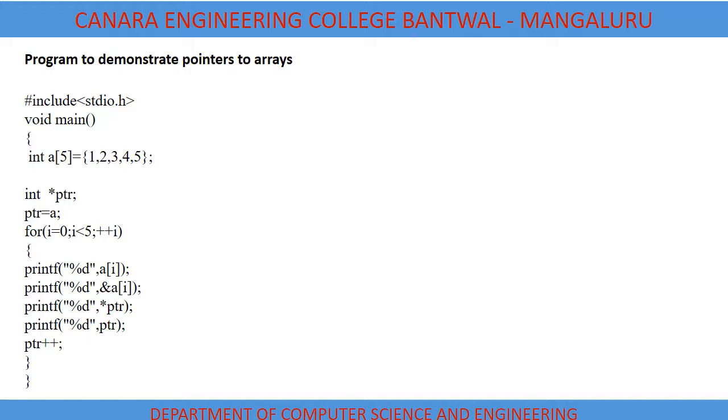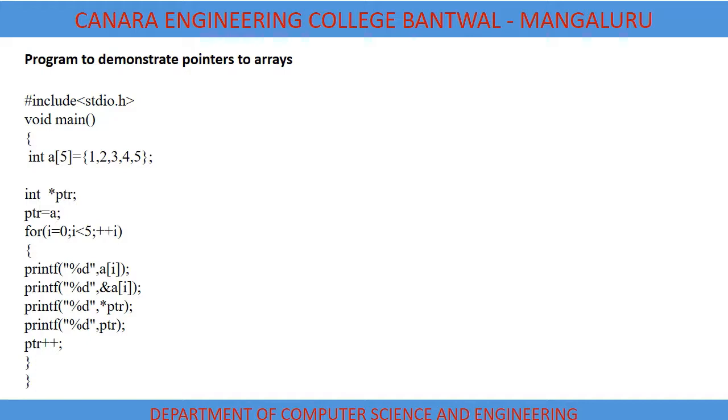And we are trying to print the array element. At the same time we are trying to print the array address, and we are printing the pointer, that is the content present there. At the same time we are printing the pointer variable, that is the address, and we are incrementing the pointer so it points to the next location.